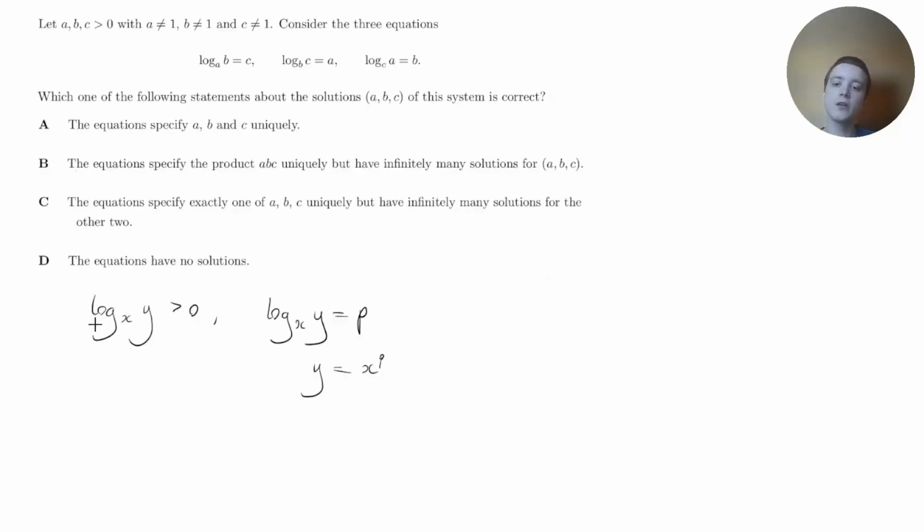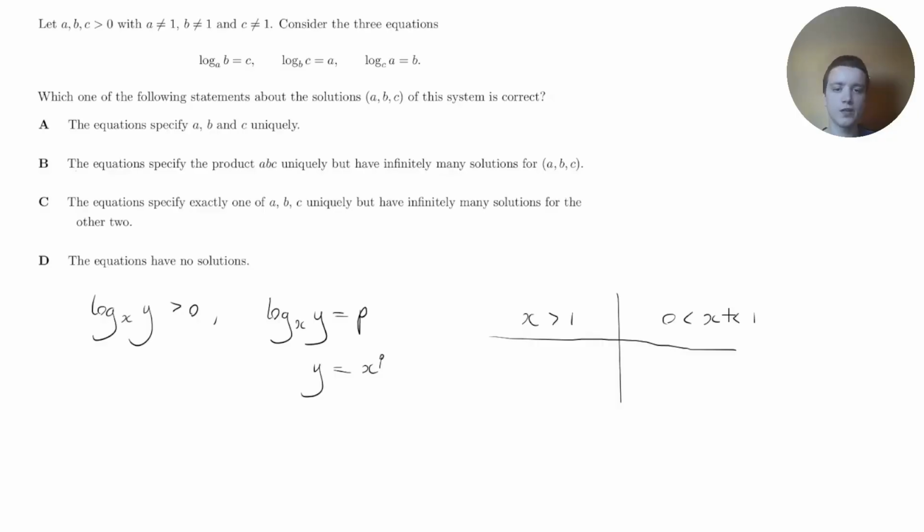So if we know that log base x of y is positive, what can we say about x and y? Now, there are two real cases to consider. What happens if x is bigger than 1? And what happens if x is between 0 and 1?